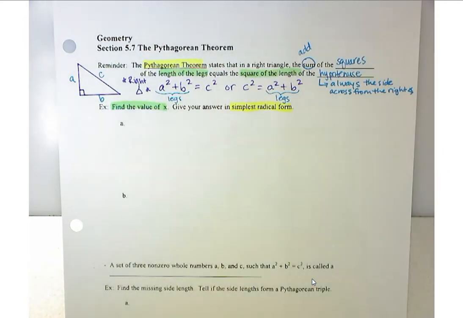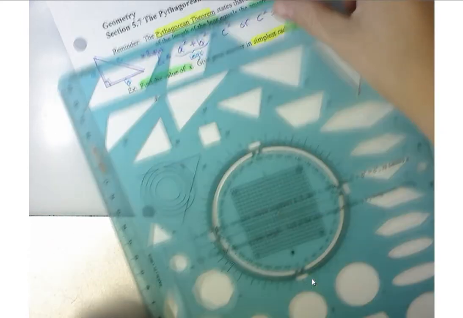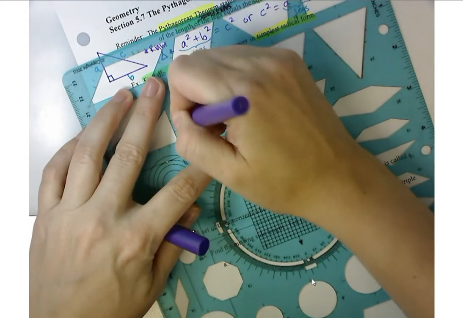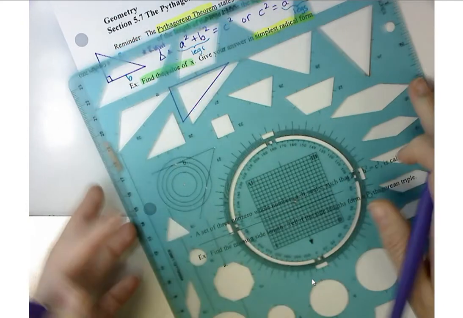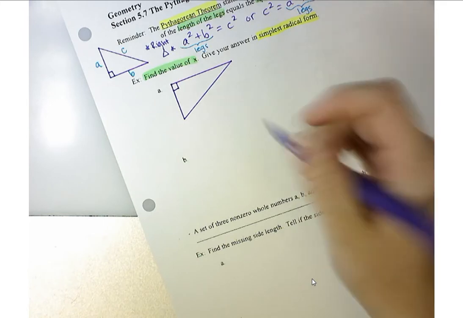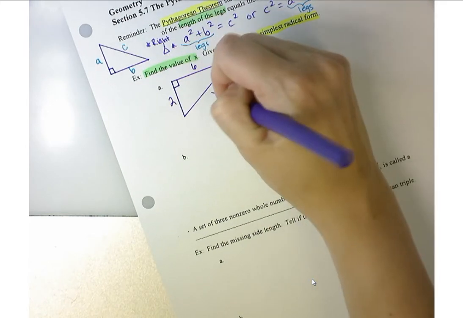Remember they are right triangles. Okay, so here's my first one. This is 6, this is 2, this is x.